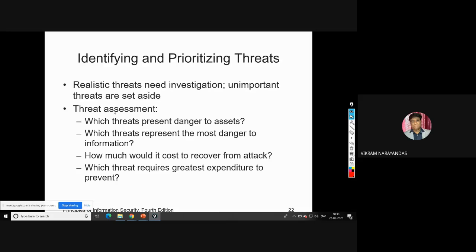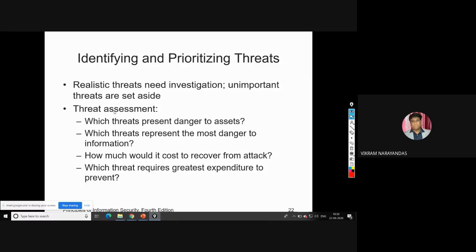So for that purpose, you want to identify and prioritize the threats here, threat identification. A wide variety of threats face an organization and its information and information systems.